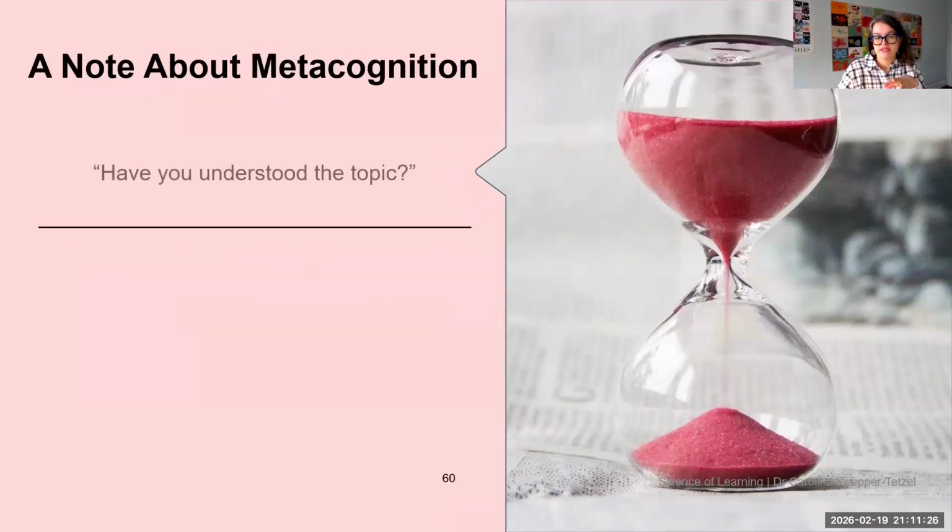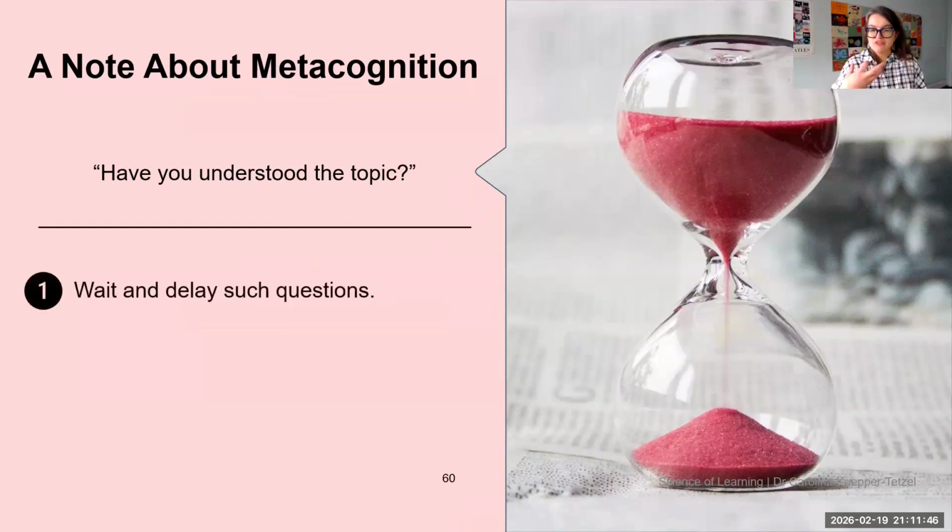When we talk about metacognition, we might ask our students at the end of a lesson, have you understood the topic, right? But after you have just taught it, everything is still clear in their mind, right? So their judgment of their own understanding will be biased.